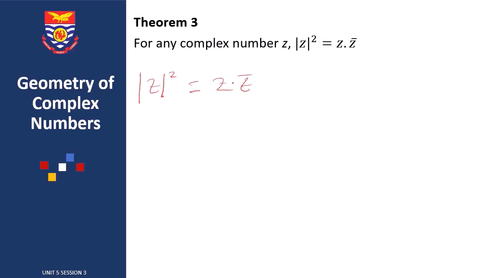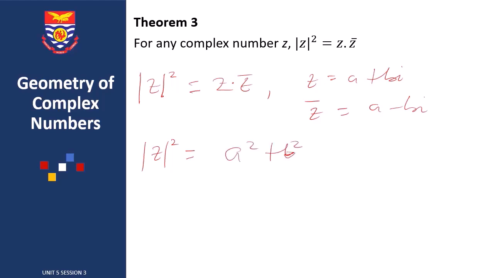If you want to prove it, let z equal the usual a plus bi. So what do you get for z conjugate? a minus bi. So the modulus of z squared is equal to z times its conjugate, and don't forget the modulus of z squared is equal to a squared plus b squared.